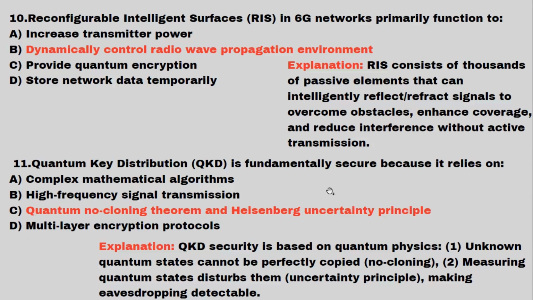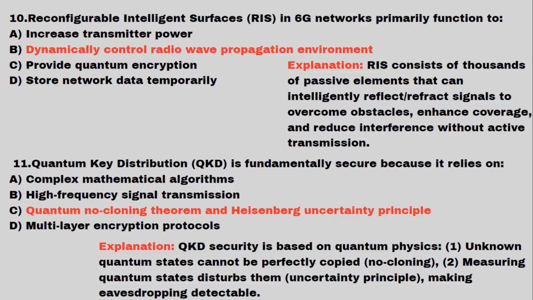So quantum key, 11th question, please. Quantum key distribution, QKD, is fundamentally secure because it relies on: complex mathematical algorithms, high frequency signal transmission, and so on. The correct answer is C, the quantum no-cloning theorem and the Heisenberg uncertainty principle. The Heisenberg uncertainty principle, you have to go a little deeper, but please remember, I have just put this question.